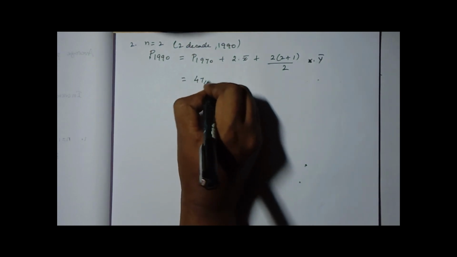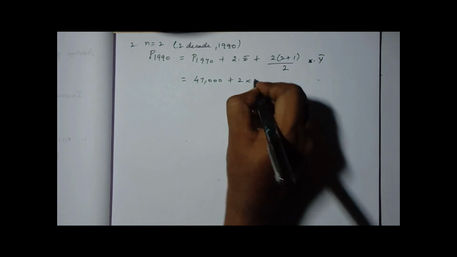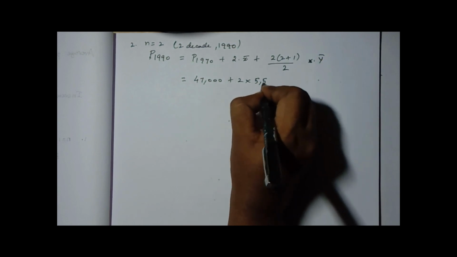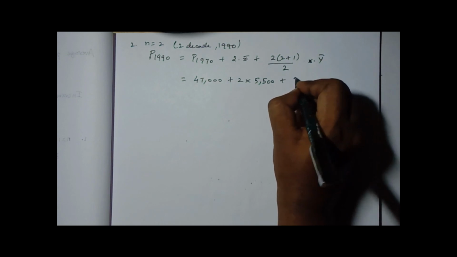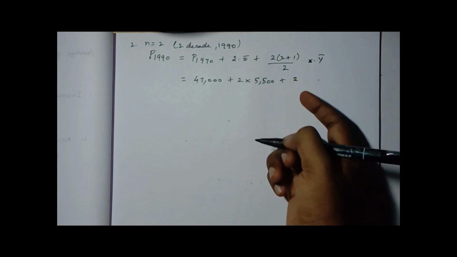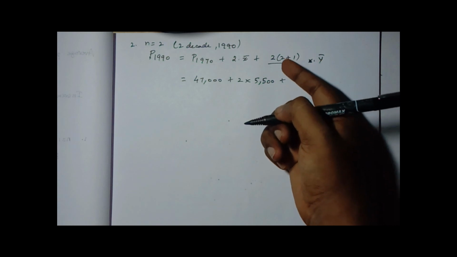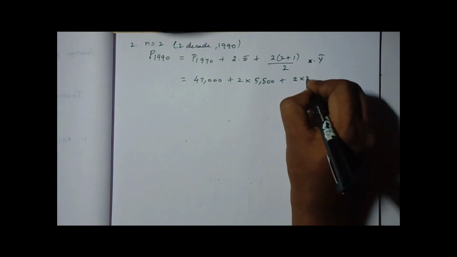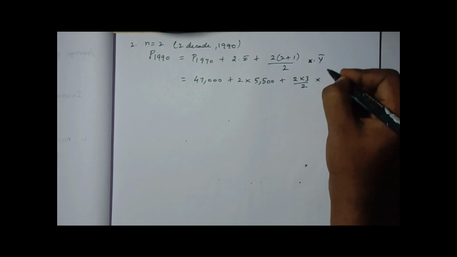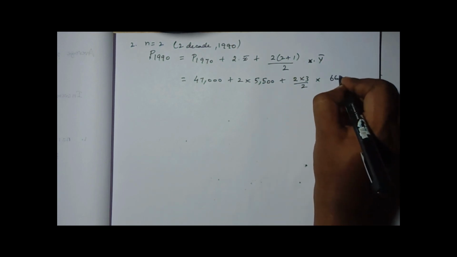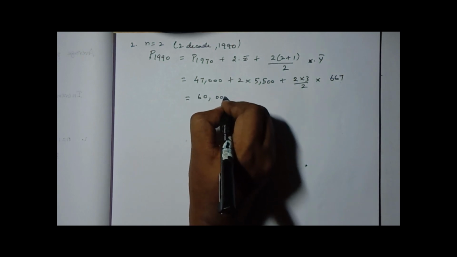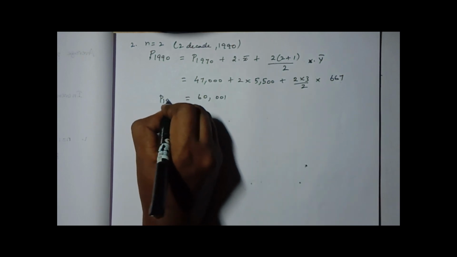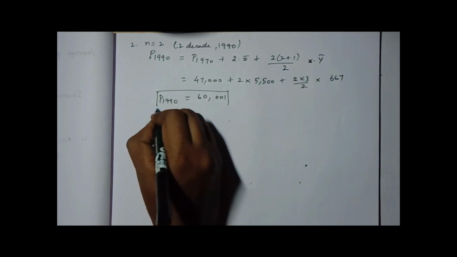So we'll get 47,000 plus 2 into 5,500, the x bar value, plus 2 into 3 divided by 2 into the y bar value, 667. Finally, when we sum it up, we'll get 60,001. So this is the population in the year 1990.